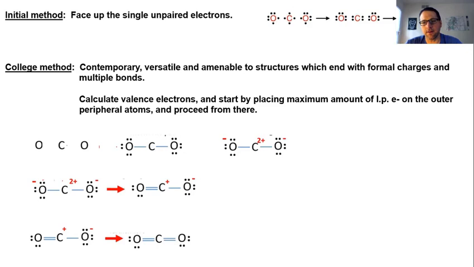So we had to calculate something, a back of the envelope calculation, the so-called valence electron count. And we start by preferentially placing lone pair electrons on the outer peripheral atoms, not the center atom, no, on the outer peripheral atoms, as you can see there.